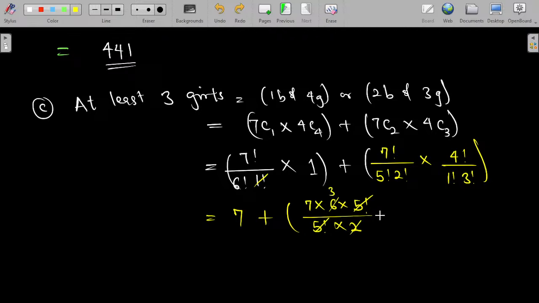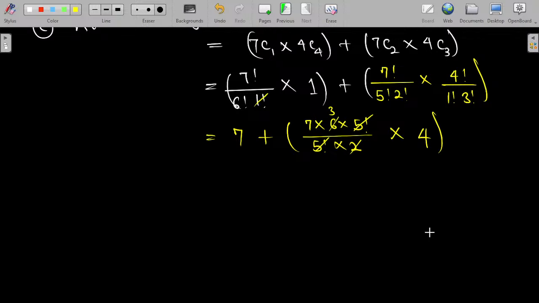Okay, let me not close this. So this will be times 4 factorial all over 3 is going to give you 4 times 3 factorial. So 3 factorial will cancel and you just have 4 here. I hope that is making sense. And that is going to give you 7 plus.